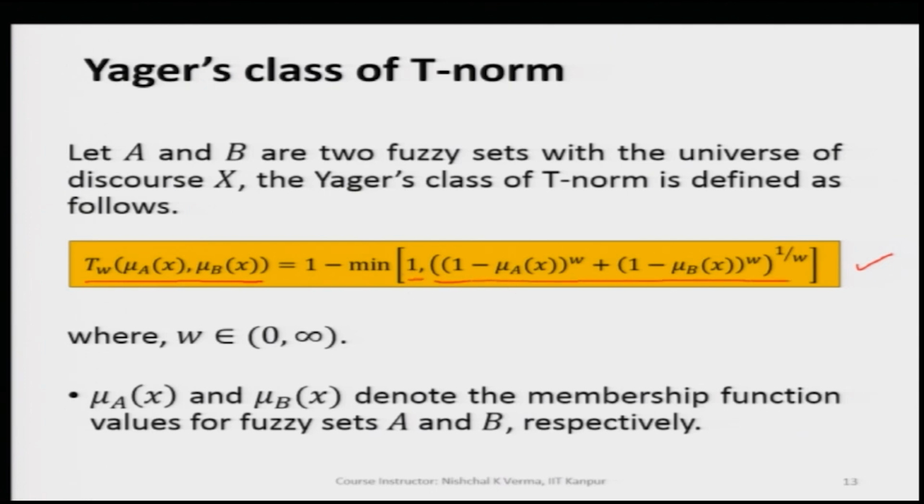So, we take min of this and this, and here the value of w lies between 0 and infinity.